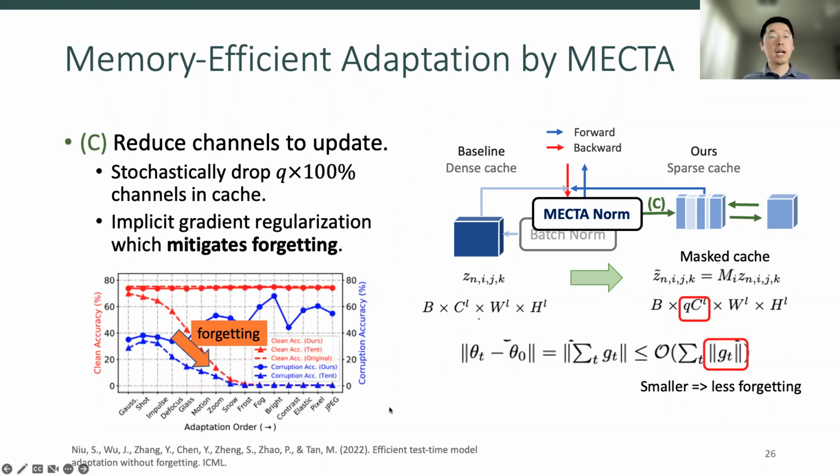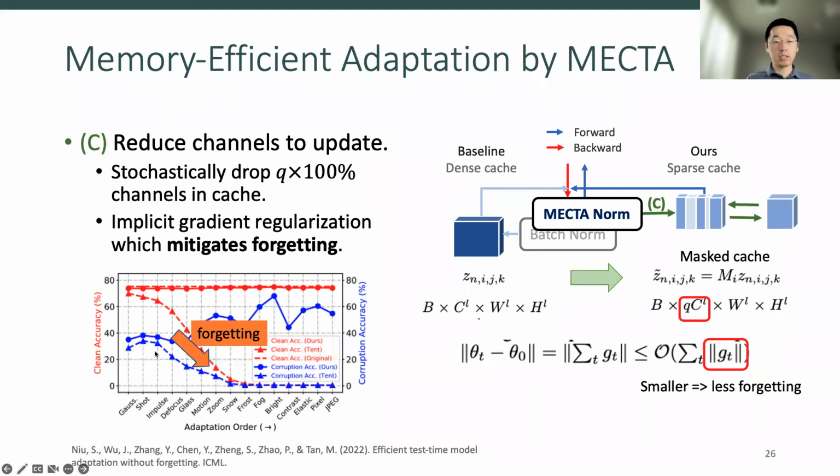Another benefit of dropping some channels is that we can have some implicit gradient regularization. This is motivated by the problem raised by Niu et al. in 2022.